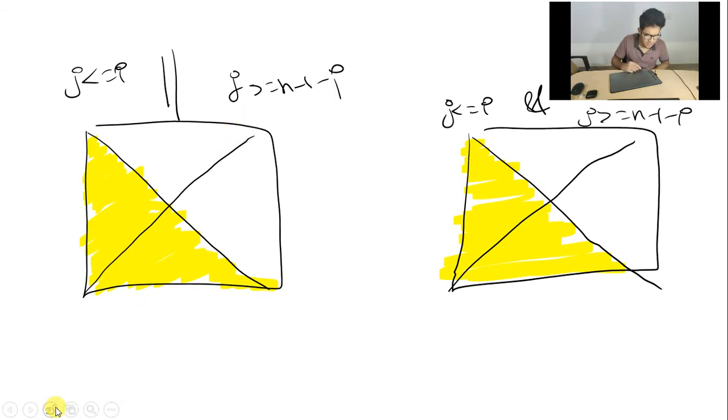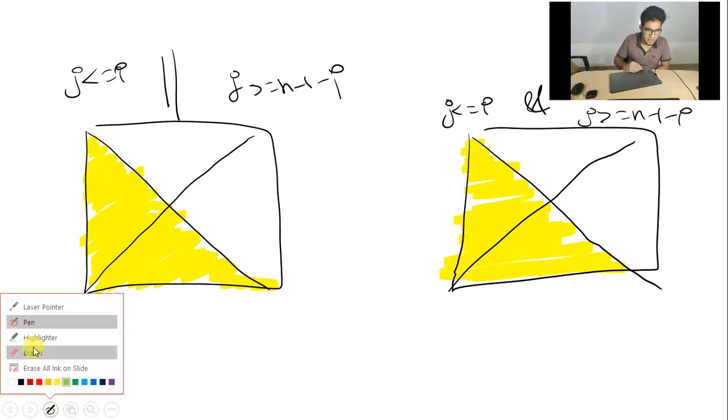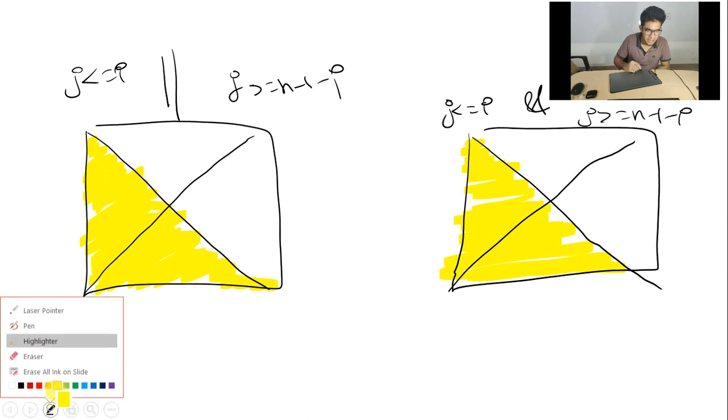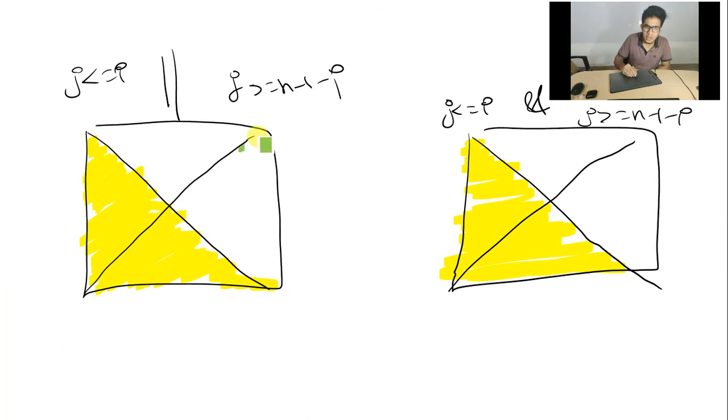For that I'll take a light green color and shade it. Watch here, I want a highlighter in light green. So when you say J is greater than or equal to I, this is the area which it will shade. I will erase this, just a minute.